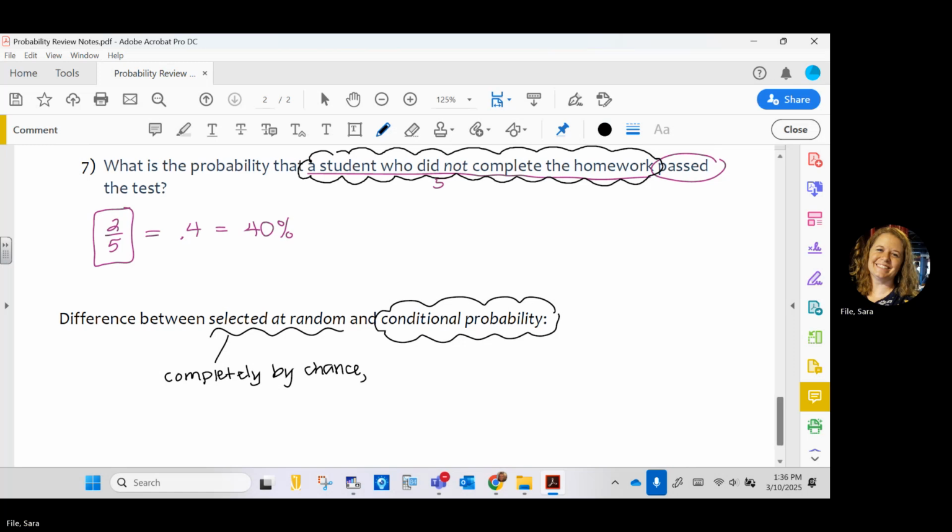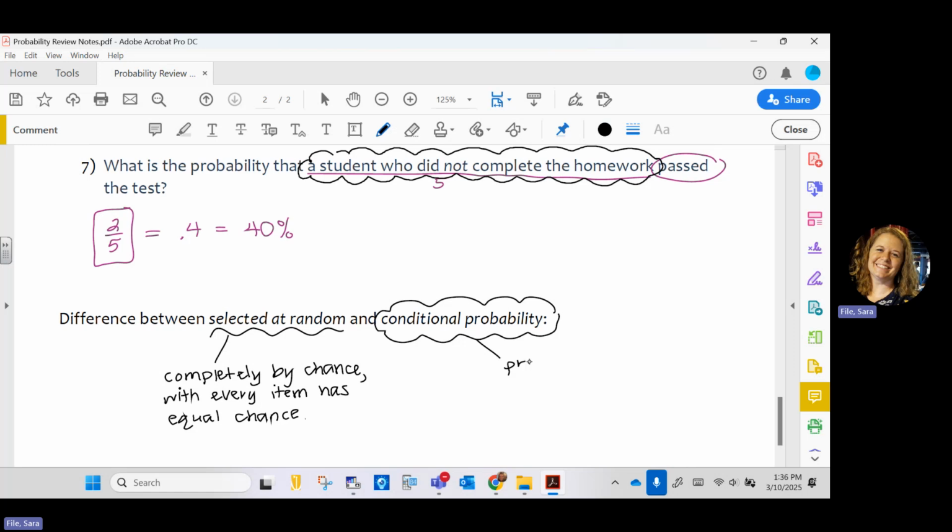It's completely by chance, and every item has equal chance of being selected. So every student in this example, out of all 27 in the class, would be selected at random.